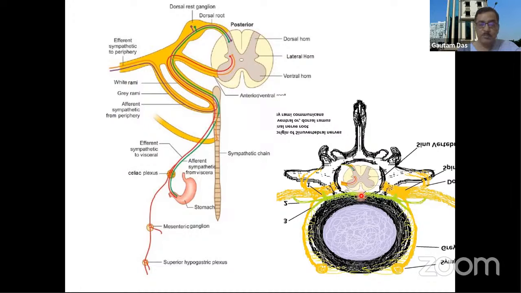So this section is taken from the disc; it is the disc annulus and the vertebral body anteriorly. Posteriorly it is the ligamentum flavum and lamina. Laterally it is either the pedicle or it is open at the neural foramen. Posterolaterally it is the facet joints. So this is how the spinal canal is formed.